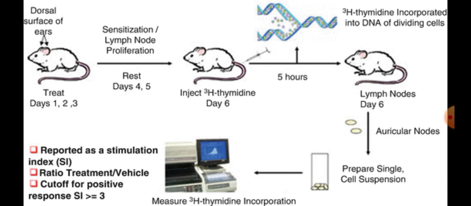Today, the method of choice is the murine local lymph node assay, that is OECD guideline 429, and it has been validated in the European Union and the USA as the standalone replacement for the GPMT.